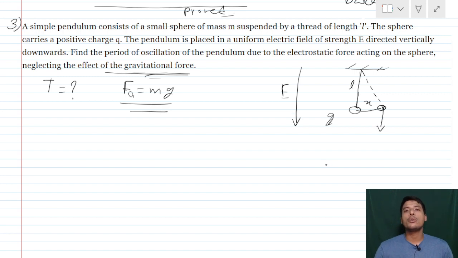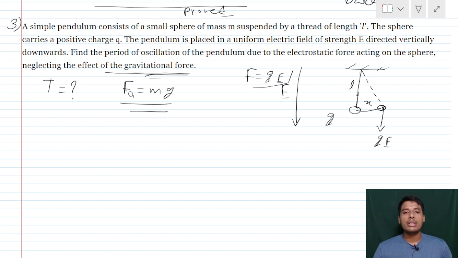We know that when an electric field is applied in the downward direction and a charge Q is present, the electrostatic force on the charge due to the electric field is QE. Since this is a positive charge, as given in the question, the direction of the electrostatic force will be the same as the direction of the electric field. So that is QE.